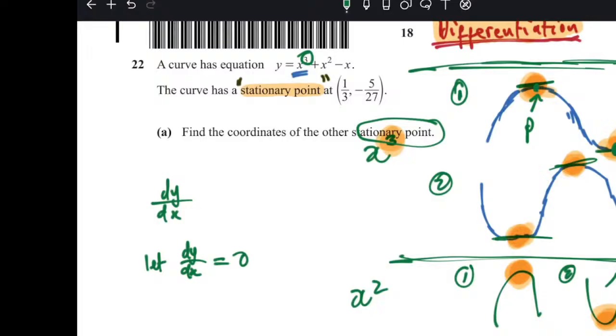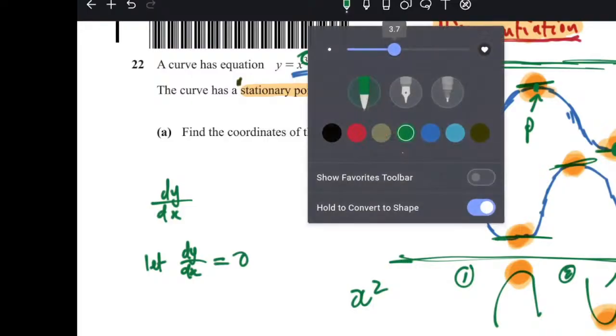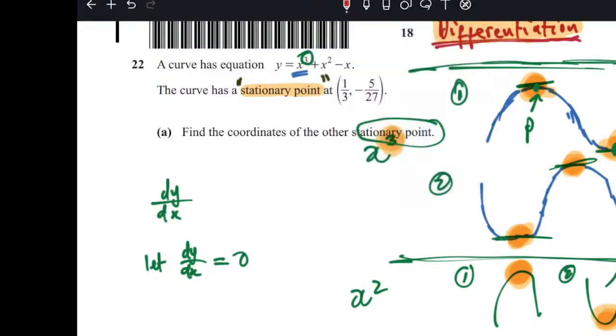Because at a stationary point, I don't want to over-explain, but there is one special thing. It's the only time your gradient is flat. It's the only time that you have a flat line, exactly at the stationary point. It will become flat before it starts to curve down again.